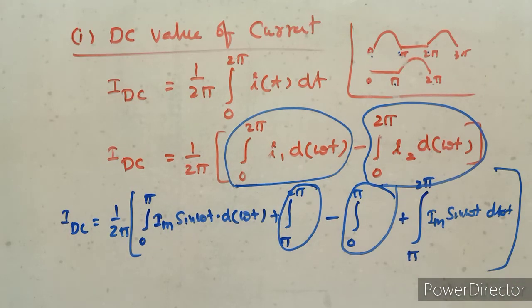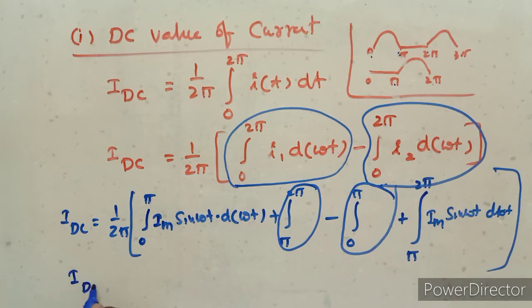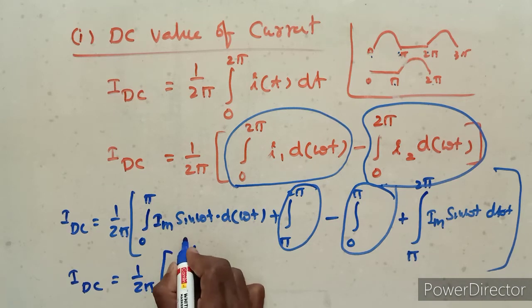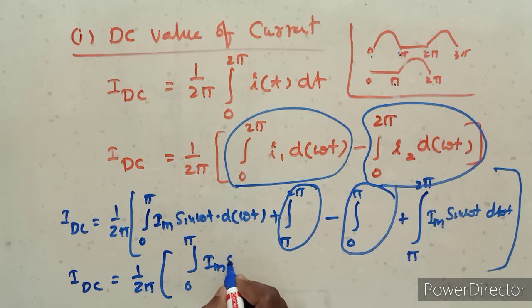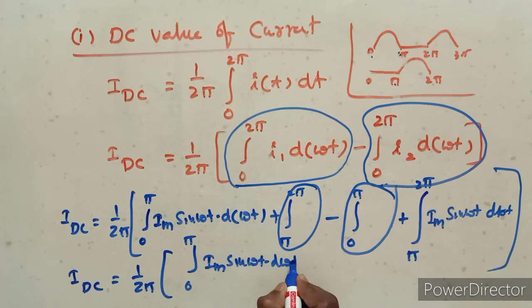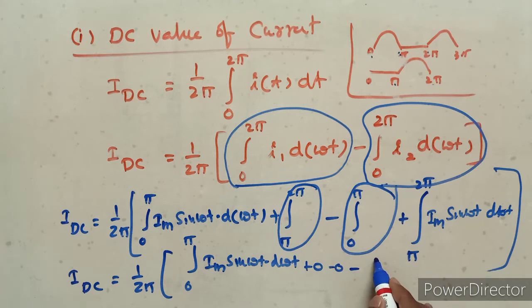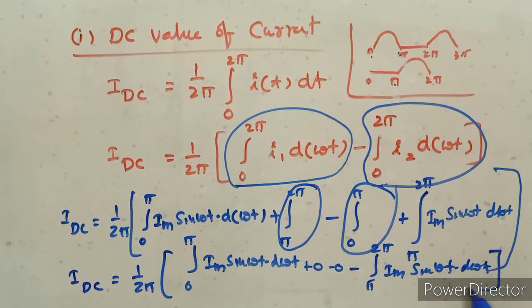Totally, this equation can be written as the DC current equals 1 upon 2 pi, integration 0 to pi of Im sin omega t d omega t plus 0, minus 0, minus 0. So here, minus integration pi to 2 pi of Im sin omega t d omega t.